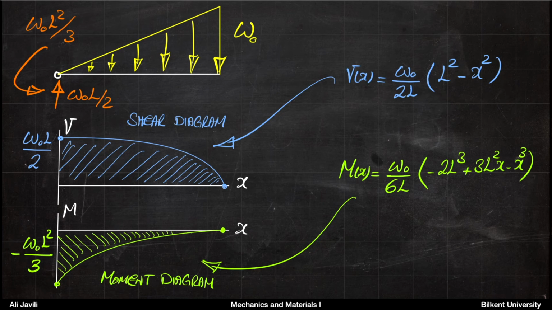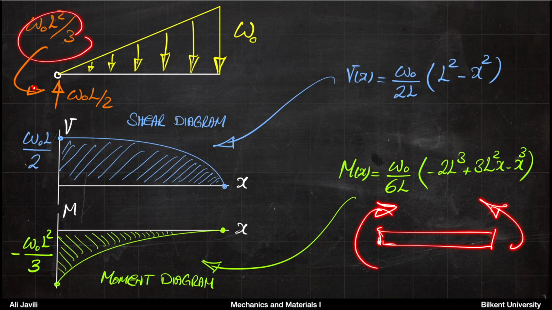So that's that. And then you can also draw the moment. So for the moment diagram, again, you can set x equals 0. And if you set x equals 0, you get the moment to be minus W0 L squared divided by 3, which is basically the reaction from the support with a minus sign, admittedly, because for the internal convention, this would be clockwise.